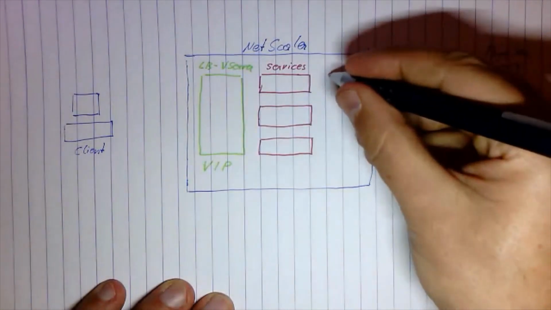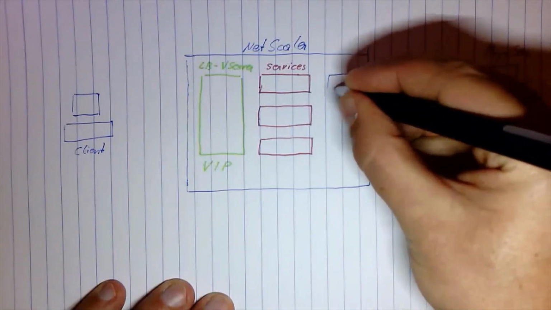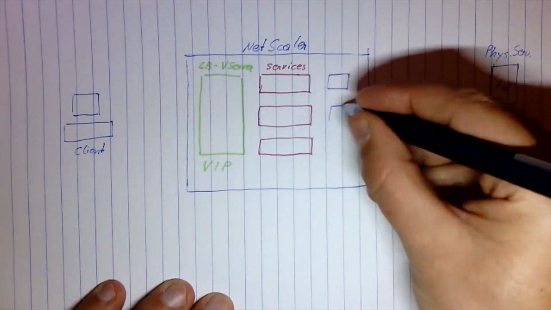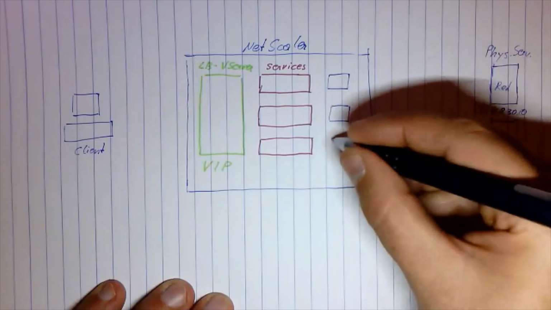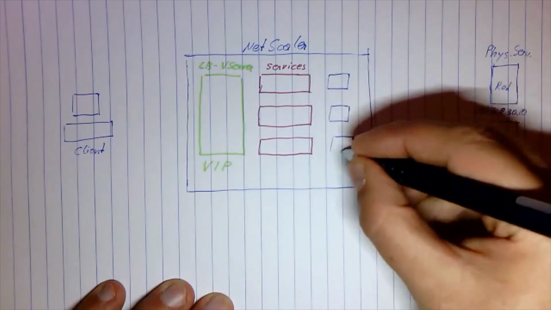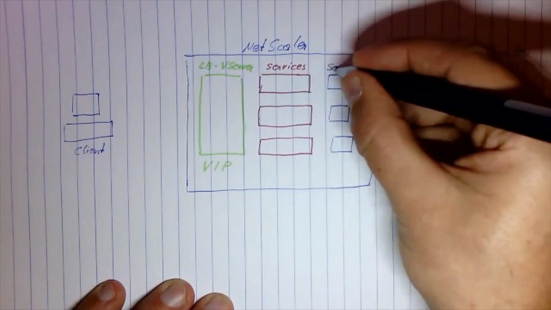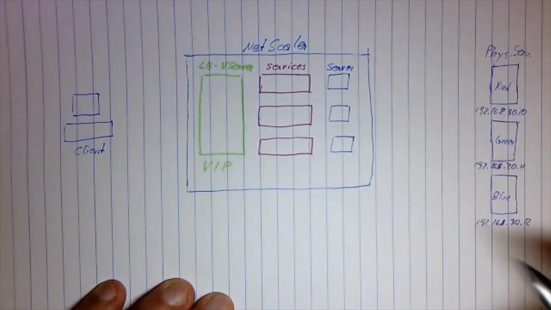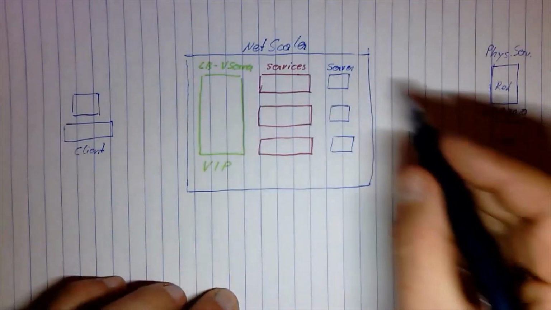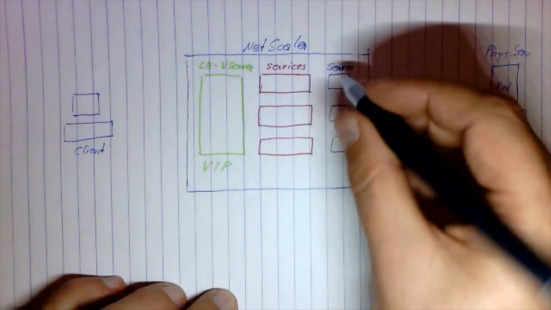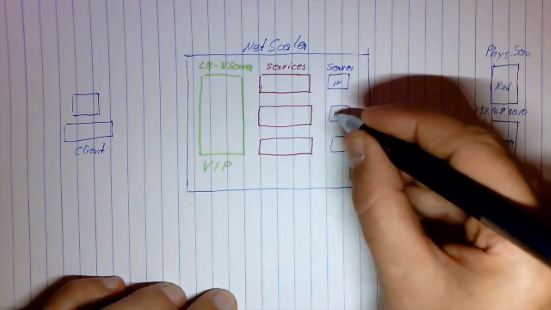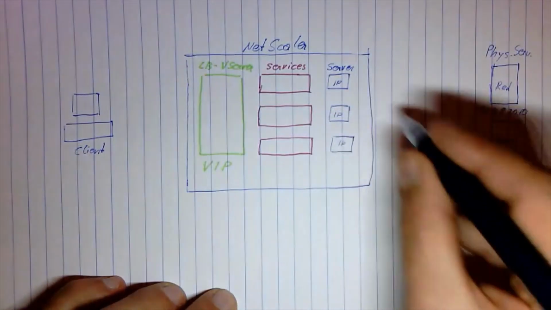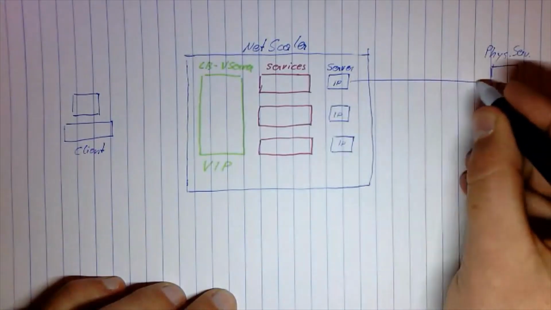Don't mix up the server object with the load balancing vServers. So these are server objects. The property of the server object is the IP address of the physical server. So they have the IP address and they point to the physical servers.